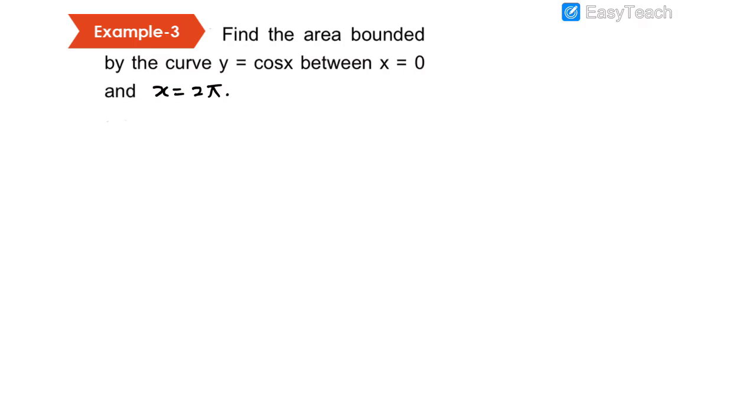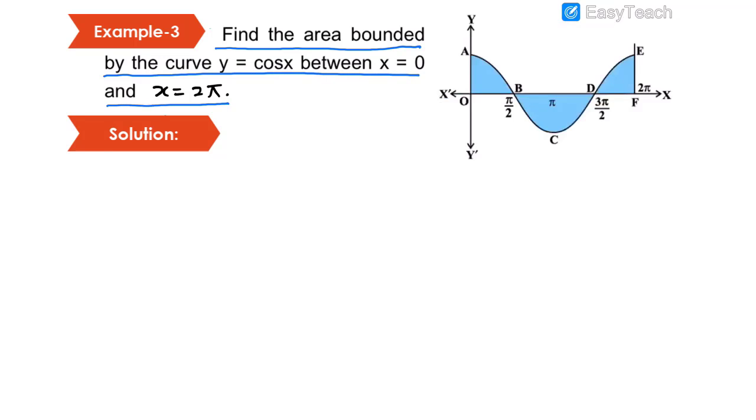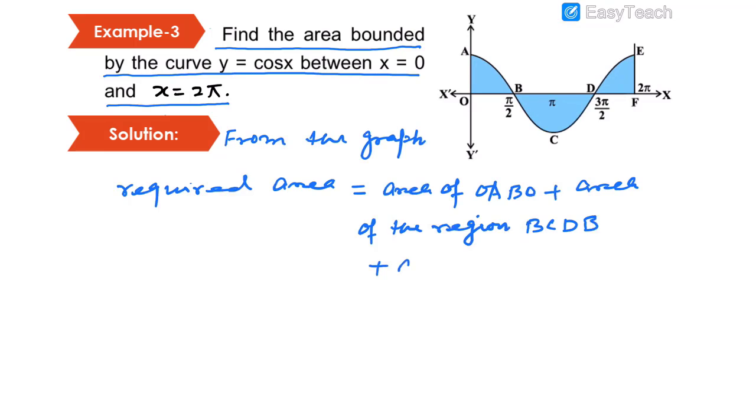In example 3, find the area bounded by the curve y is equal to cos x between x is equal to 0 and x is equal to 2 pi. So from this graph the required area is equal to the area of OABO plus the area of the region BCDB plus the area of the region DEFT.